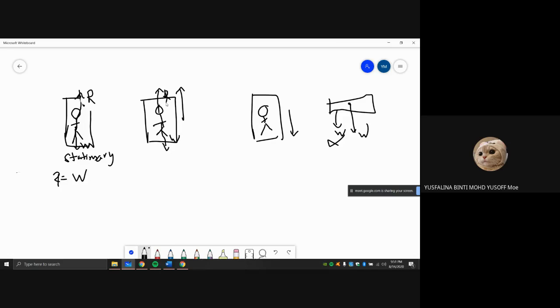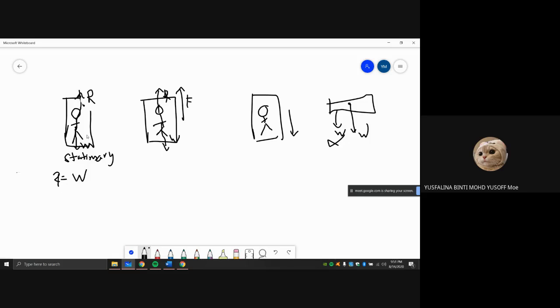So in this one the lift goes up, right? So there is a force acting going up. Let's say the question asks you how to find the reading of the weight balance. Let's say they put a weight here, and you want to measure what the weight is.